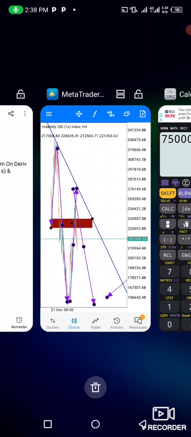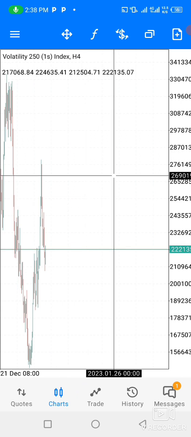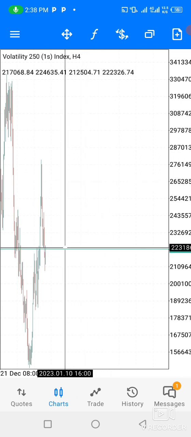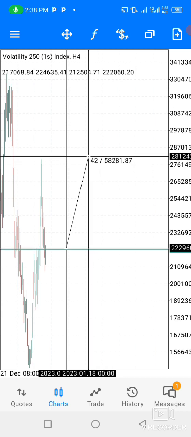Now, your belief is that this market cannot saturate your $500 before it starts impulsing in your direction. That's your belief. Now, our fear is, what if the market gets back to this price, which will be around 58,000 pips? That is one of the biggest fears.